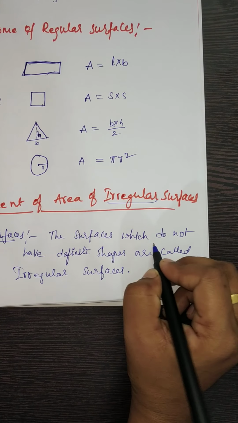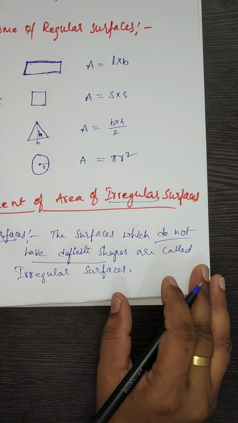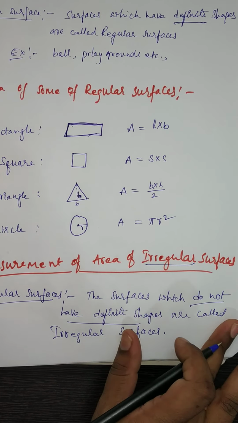See, the surfaces which do not have definite shapes are called irregular surfaces.